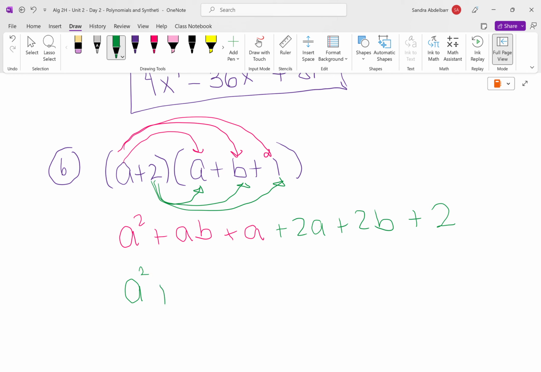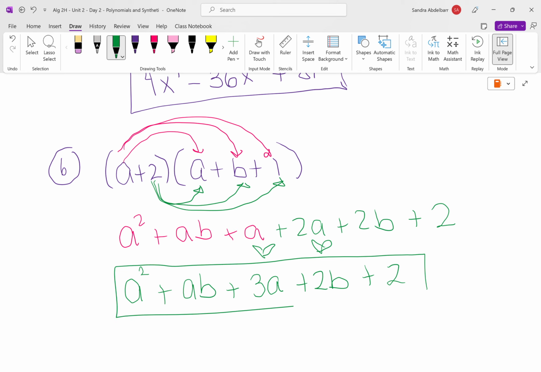We combined our like terms, so A squared plus AB plus 3A plus 2B plus 2. And like I said, addition's commutative, so any order you wrote this would have been fine.